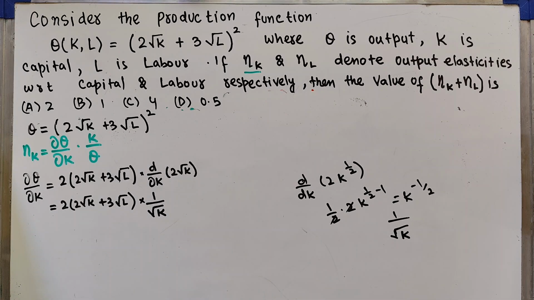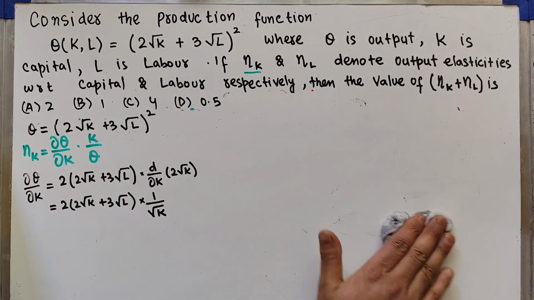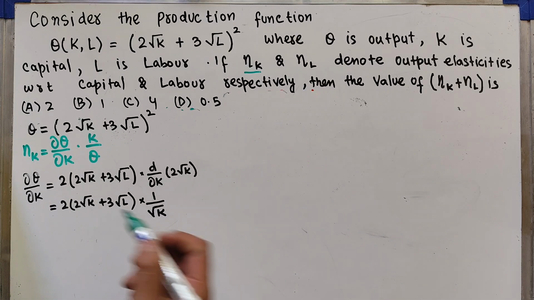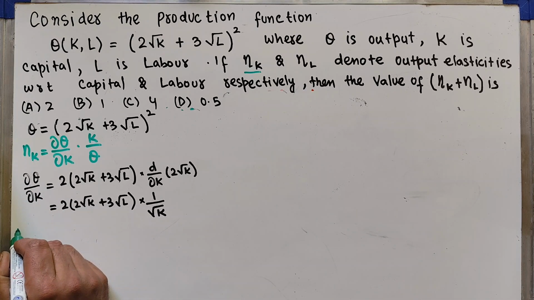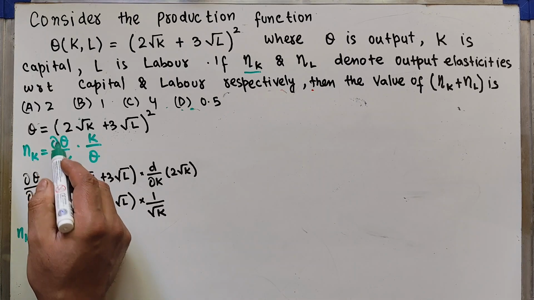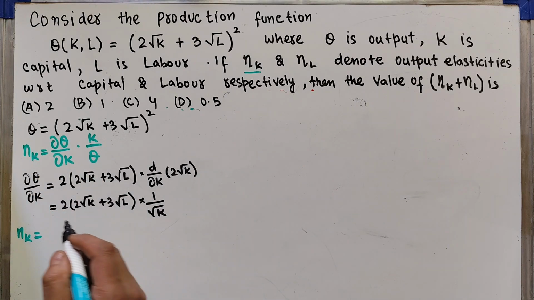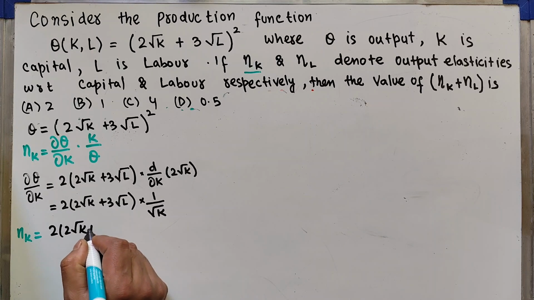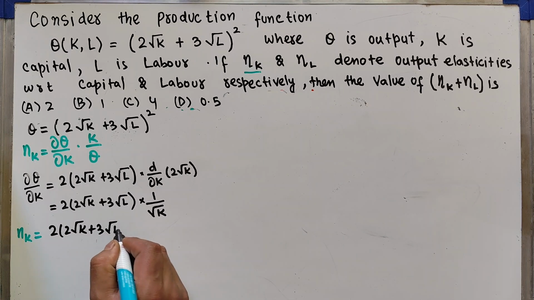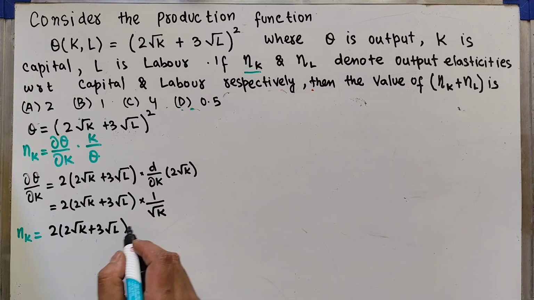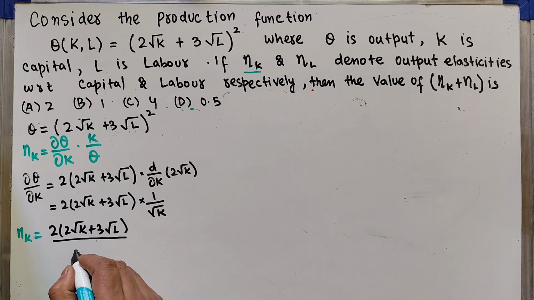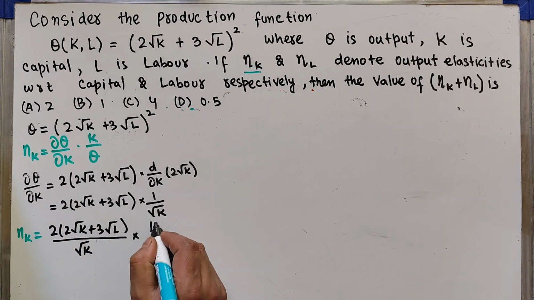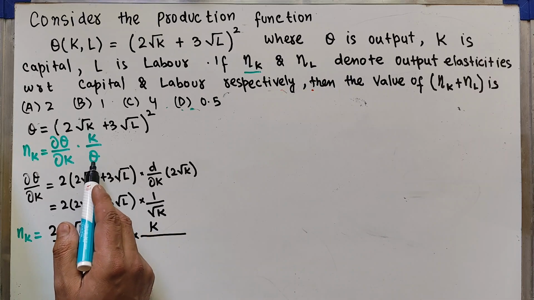Okay, so let me rub this out now. Then output elasticity of capital will be equal to this derivative which we calculated as twice (2√K + 3√L) divided by √K, into K, divided by Q. What is Q?